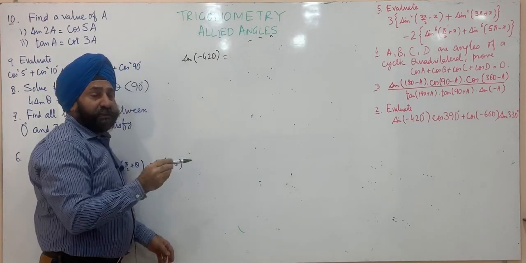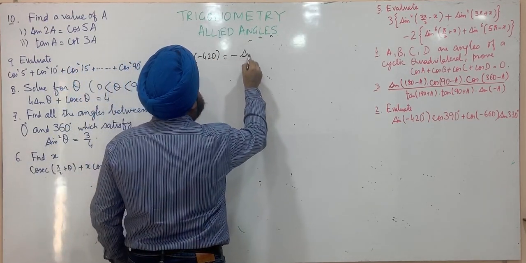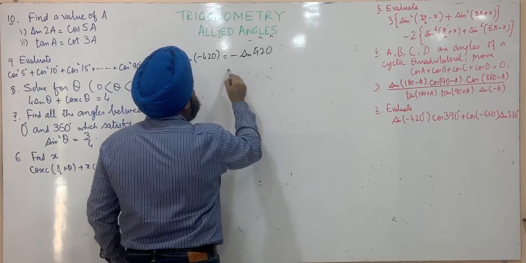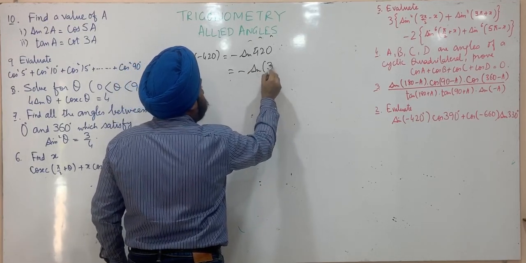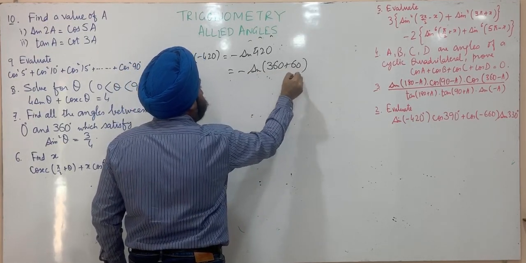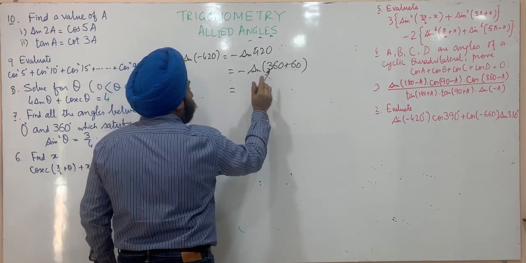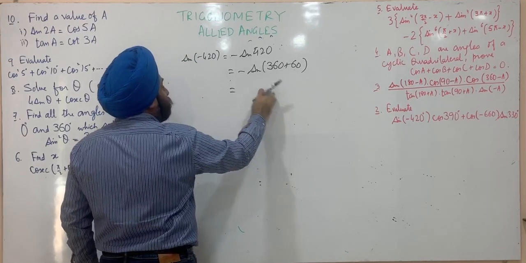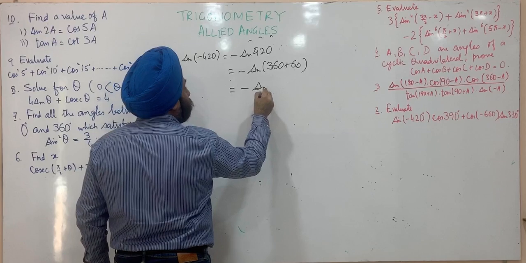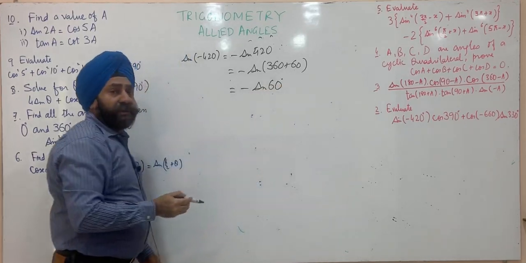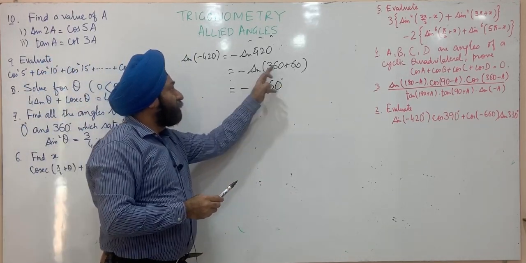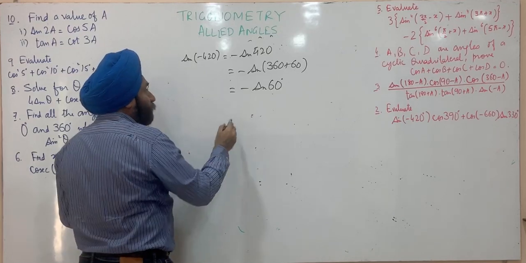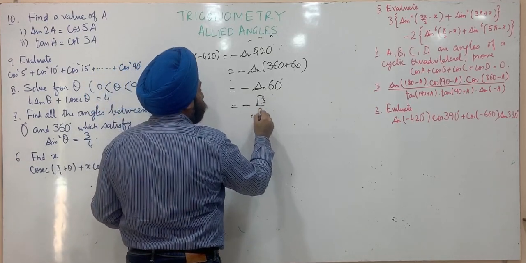Sine of minus theta is minus sine of theta. This can be written minus sine of 360 plus 60. This is a multiple of 360 degrees, so we remove this. This is sine of 60. Sine 60 we know is root 3 by 2.